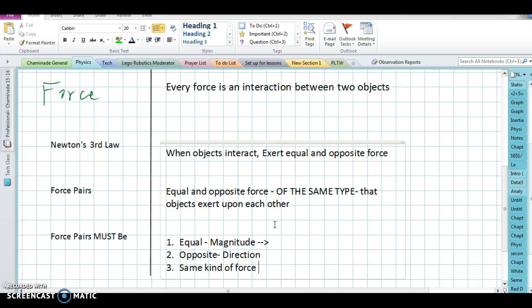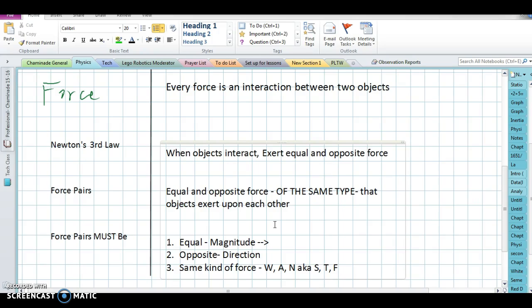This means if it's a force of weight, it must be an equal and opposite force of weight. If it's a normal force, aka support force, if it is a tension force or a frictional force, or an applied force.